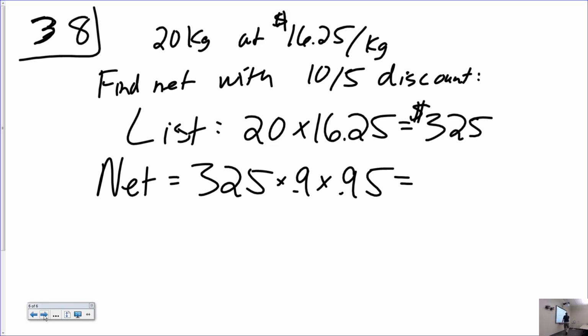What did that get us? $277.88. 277.87 or 88? It's like 277.875 or something. So make sure that you round that 277.875 up to the 277.88 that they will owe net-wise for that particular purchase of chocolate.